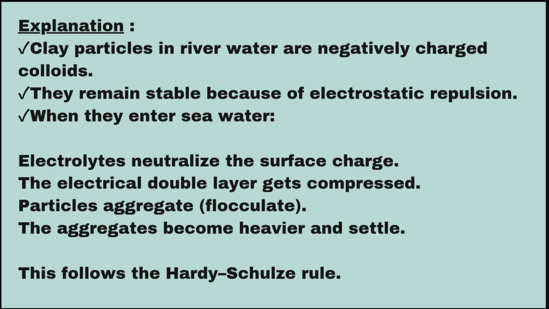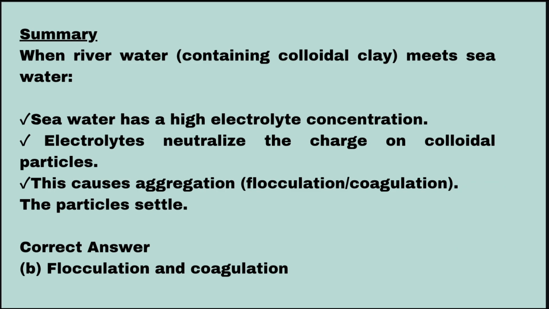This follows the Hardy-Schulze rule. So, here's the summary: when river water containing colloidal clay meets seawater, which has a high electrolyte concentration, the electrolytes neutralize the charge on colloidal particles. This causes aggregation, that means flocculation or coagulation. The particles settle. So, the correct answer is option B, flocculation and coagulation.